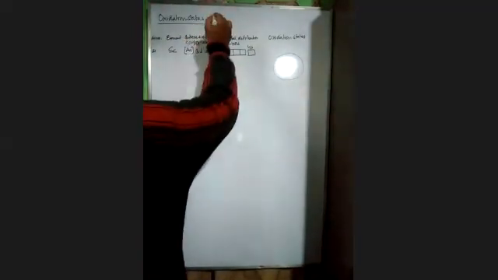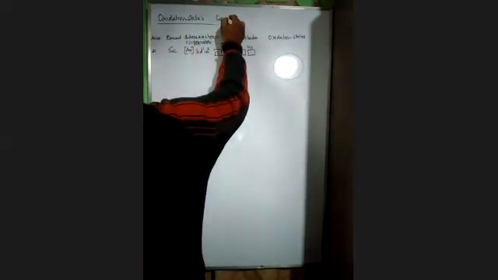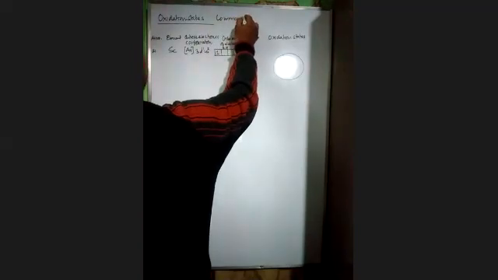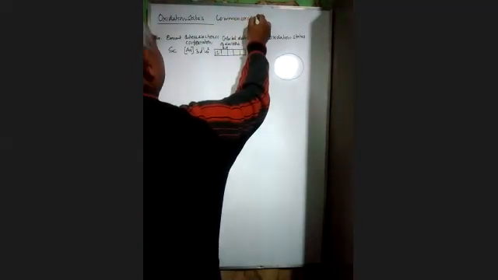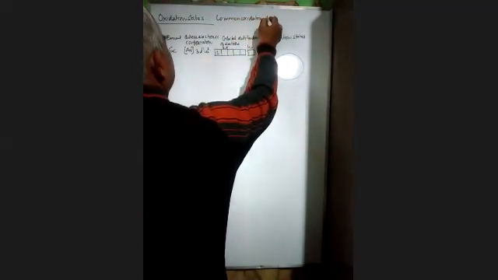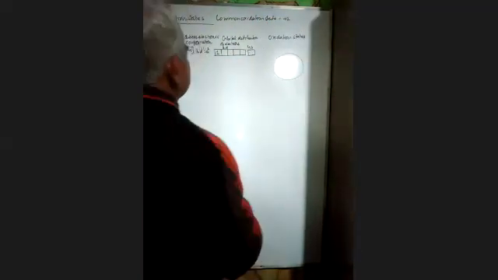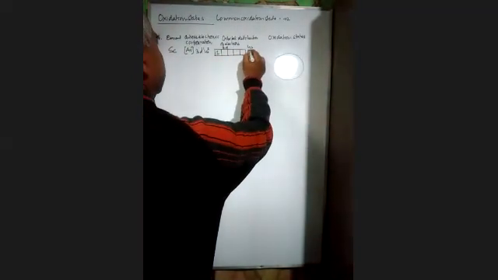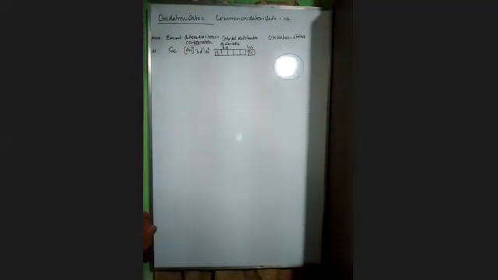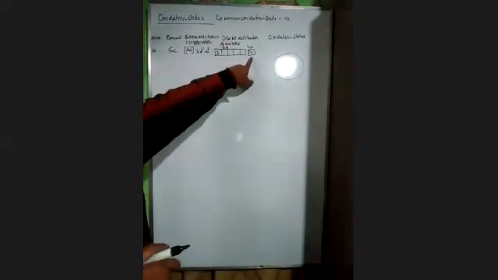The more frequent, or common, oxidation state of the 3d series is +2. See, 3d1, 4s2. Why is it 4s2? Because these two electrons go out.